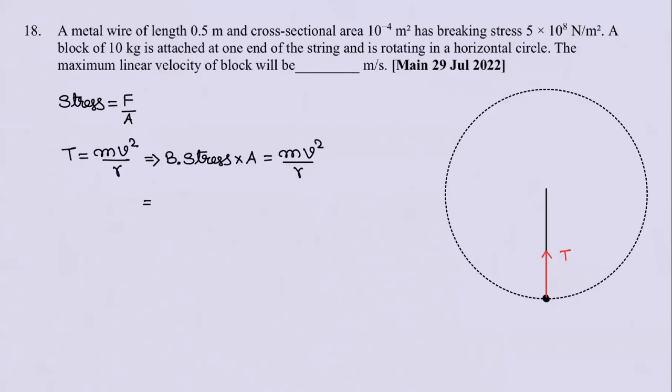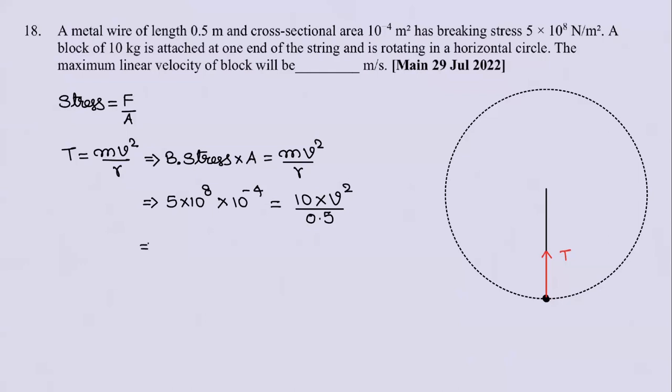That implies breaking stress is 5 into 10 power 8 into cross-sectional area 10 power minus 4 meter square, mass 10 kg into maximum linear velocity v square by length 0.5. Keep it as 0.5.